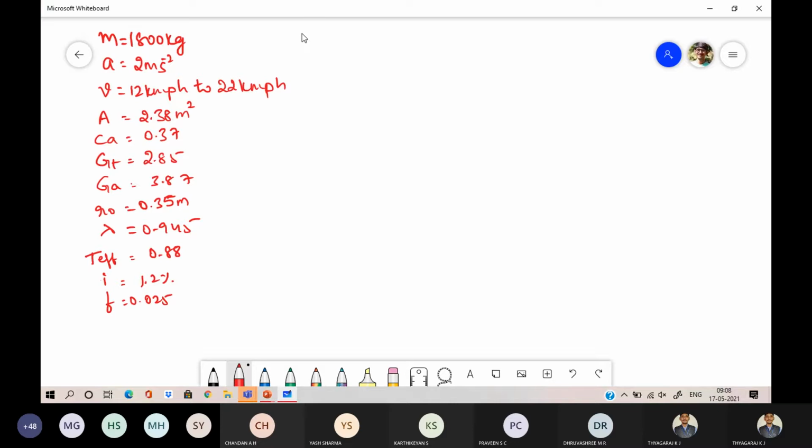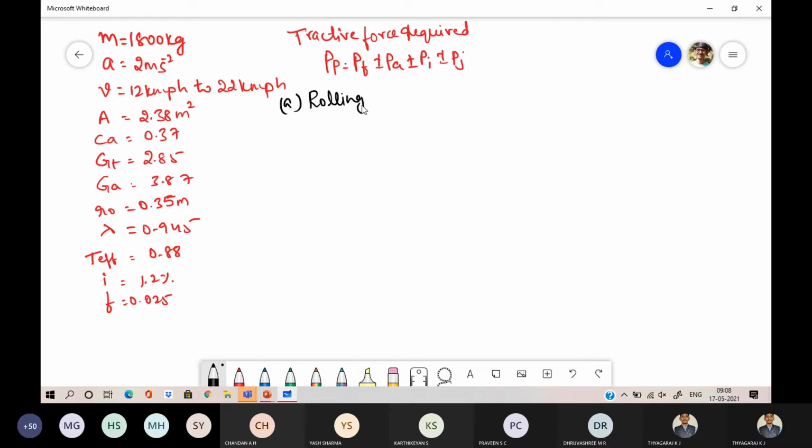First we have to calculate the tractive force required. Pt is equal to Pf plus or minus Pa plus or minus Pi plus or minus Pj. First, we calculate the rolling resistance.